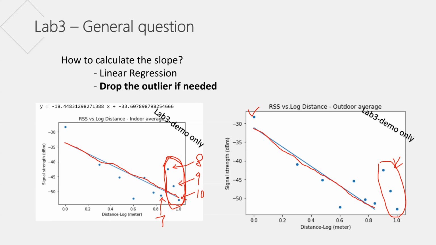Does that make sense? Your data set may be very perfect and you do not need to drop any of them. But if you do have some outliers, you should drop them to fit your line, to make your line perfect.